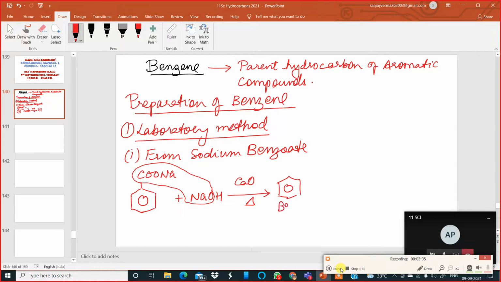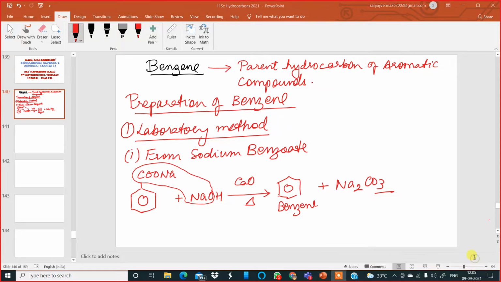This is benzene, and the side product is sodium carbonate. This is how we obtain benzene from sodium benzoate in the lab. This is number one.